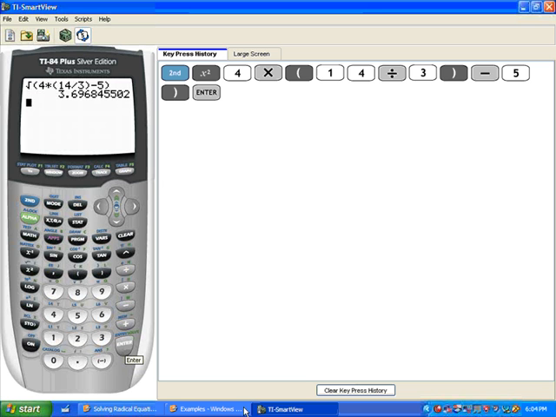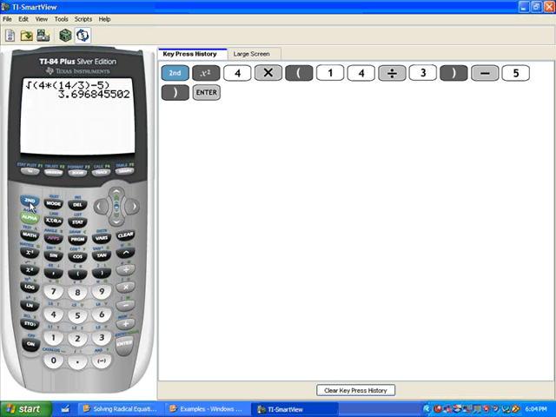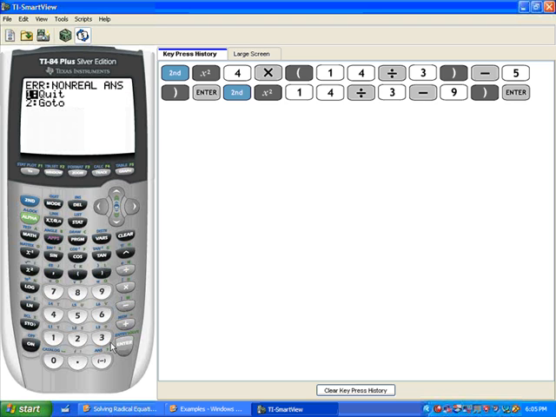And let's see if we can get a match. The other side was the square root of x plus 9. So second square root of 14/3 minus 9. And what happened? Was that supposed to be a minus 9?